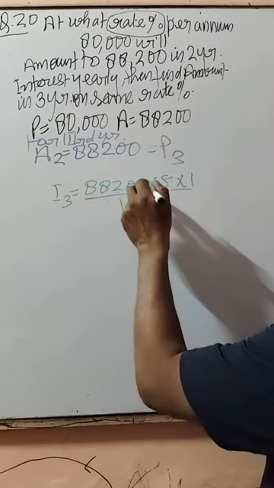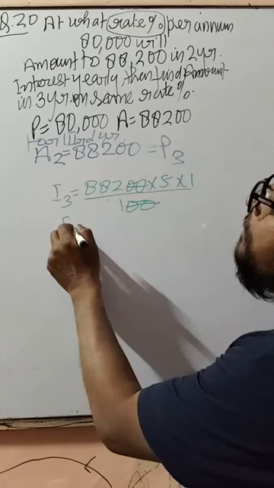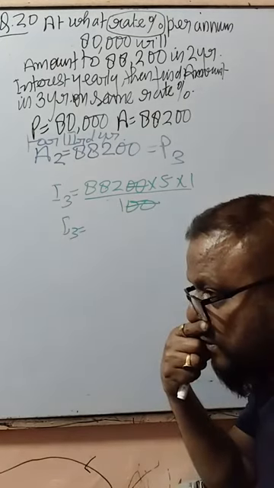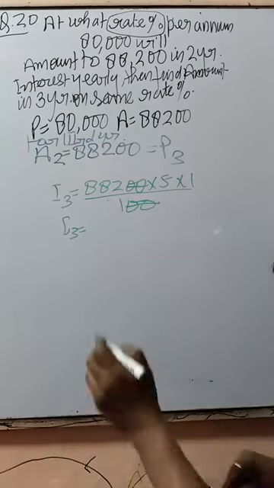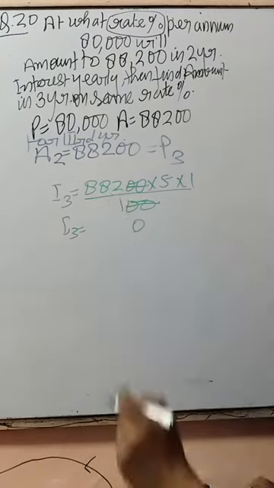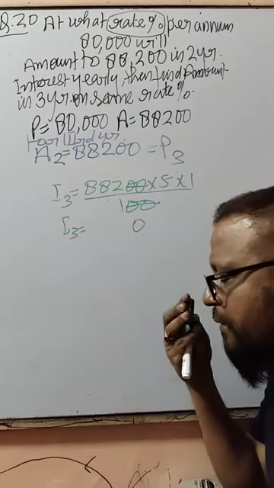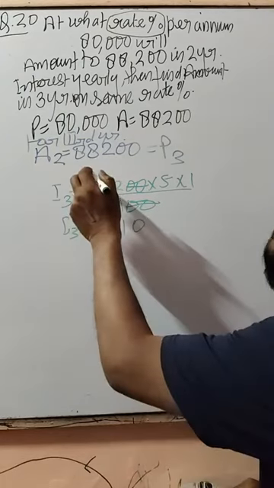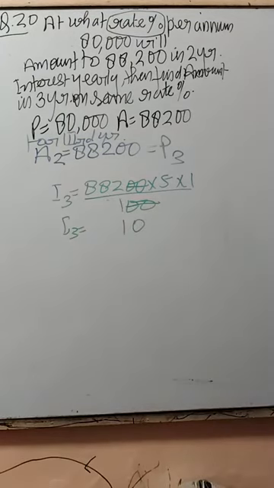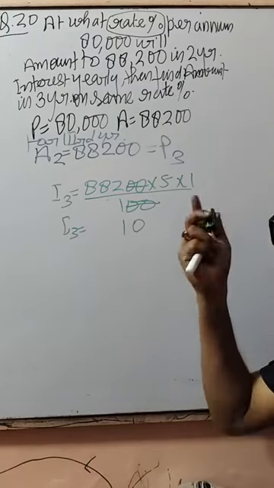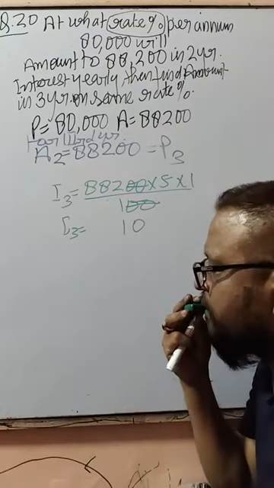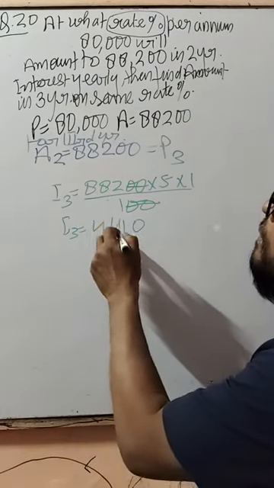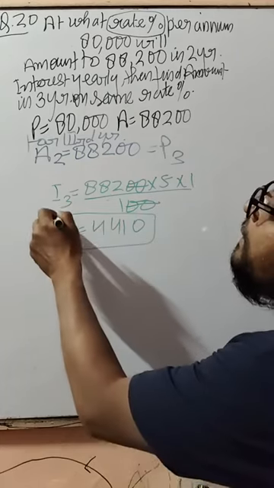So this is cancelled out, and I3 is equal to 4410. Interest is this much, I3.